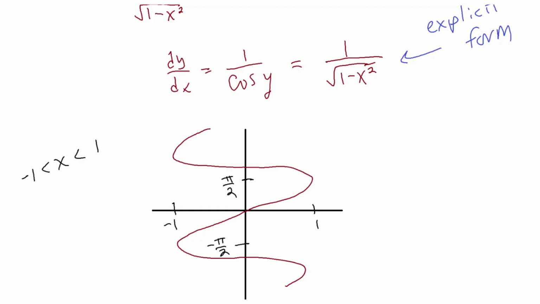Here's what the graph of sine y equals x looks like. It's just a sine curve tilted on its side. If we restrict y values to quadrants 1 and 4, between negative pi over 2 and pi over 2, cosine is always positive. The range of the function includes the endpoints, but the range of the derivative does not. Because look, as y reaches these endpoints, negative pi over 2 and pi over 2, the tangent lines become vertical, which is an undefined slope.